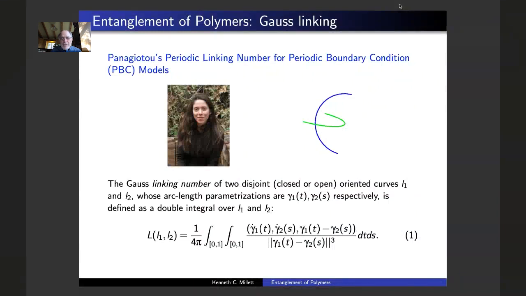For Gauss, with closed curves, we know that the linking number is an integer, but you can apply this formula to give a real number characterizing the extent of linking between two oriented arcs simply by doing this integral.